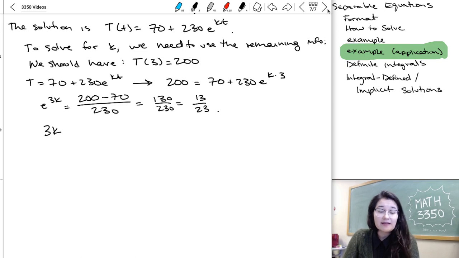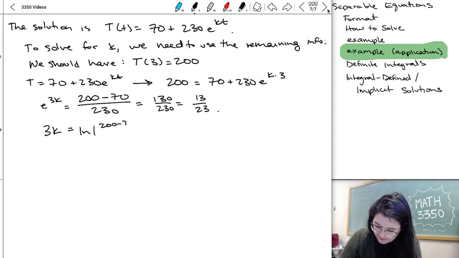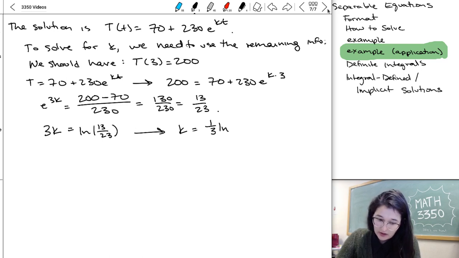We're trying to isolate k, so we're going to take natural log of both sides to undo e, just like sometimes we take e to undo ln. Oops, I definitely want to plug in that simplified version over there. So what we're going to get is that k should be 1/3 natural log of 13 over 23.